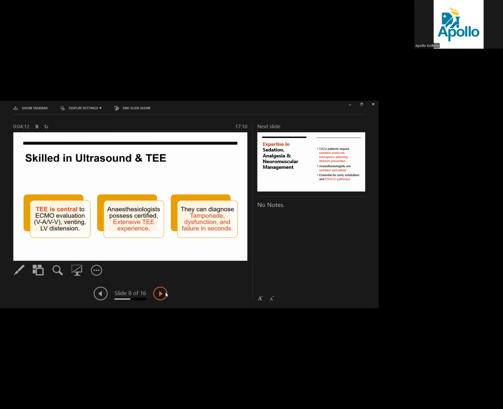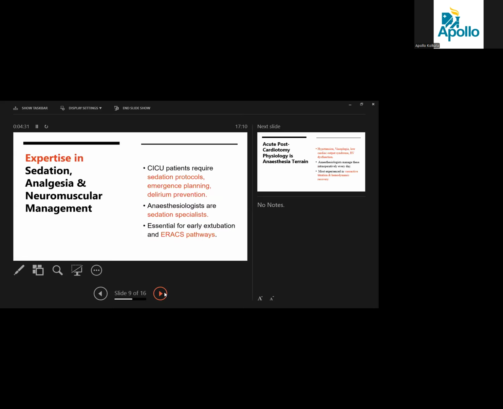Because of that, we can diagnose cardiac tamponade much earlier than our other counterparts, that may be the intensivist, cardiac surgeon, or interventional cardiologist. They can also diagnose dysfunction and failure within seconds with the help of TEE, because in our day-to-day practice, we are dealing with that daily.